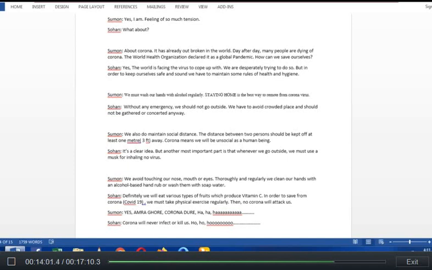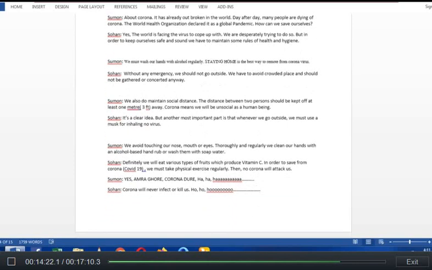Yes, the world is facing the virus. We are desperately trying to cope with it. But in order to keep ourselves safe and sound, we have to maintain some rules of health and hygiene. Yes, we must wash our hands with alcohol regularly. But staying home is the best way to remain safe from coronavirus.